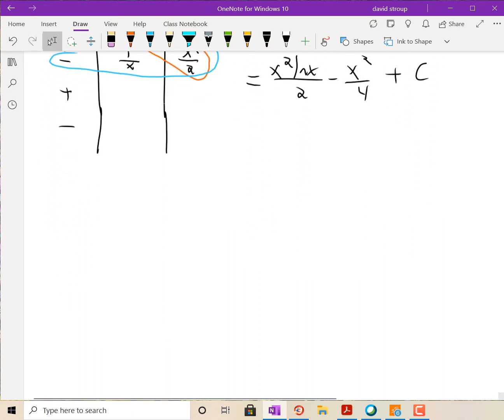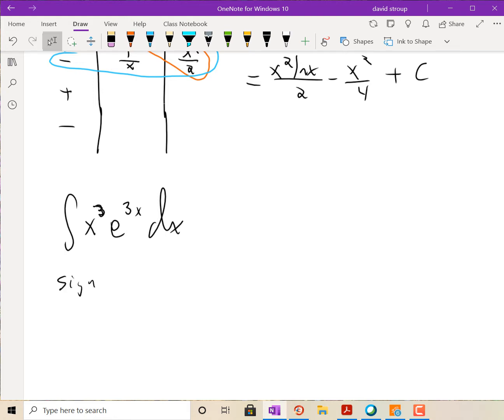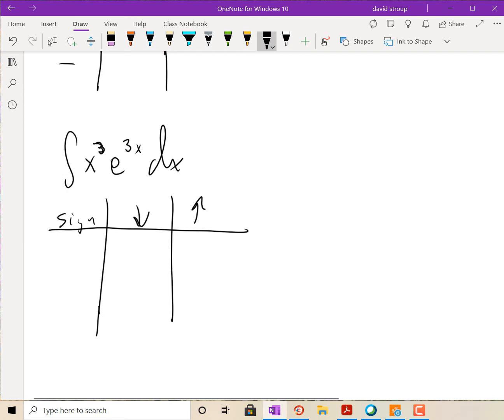Okay, let's look at one that takes a little longer. So the integral, let's say, of x cubed e to the 3x dx. Okay. So again, you're doing your signs, differentiate, integrate, and you use LIATE to figure out which one you're differentiating. Let's get some signs going.